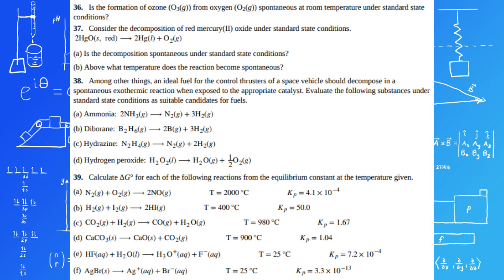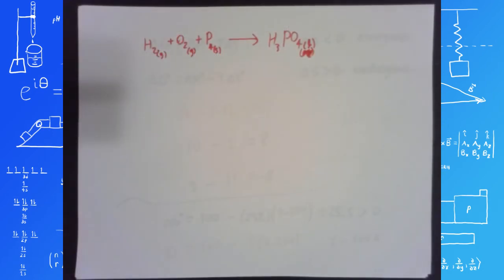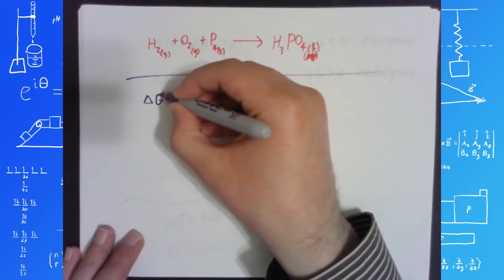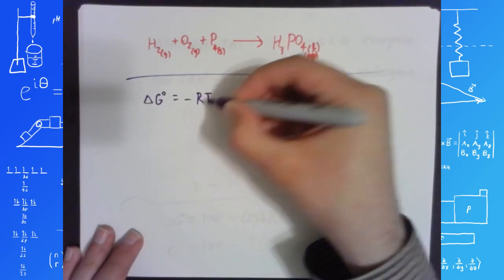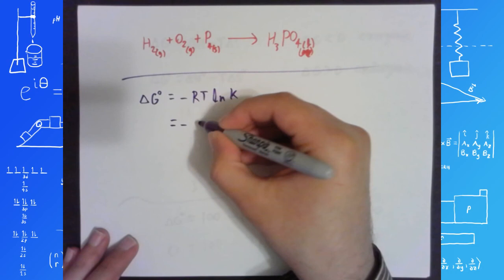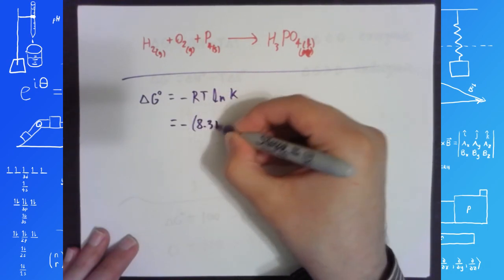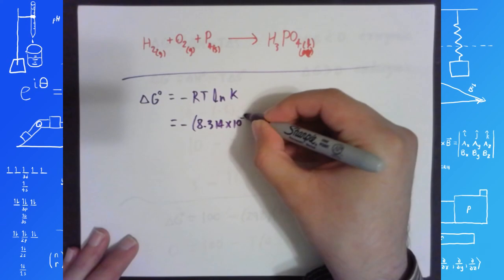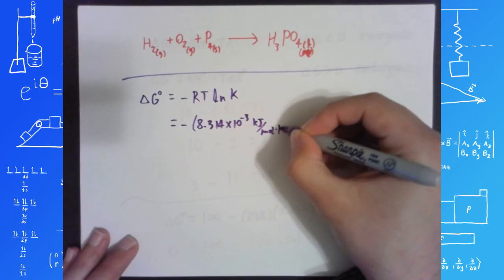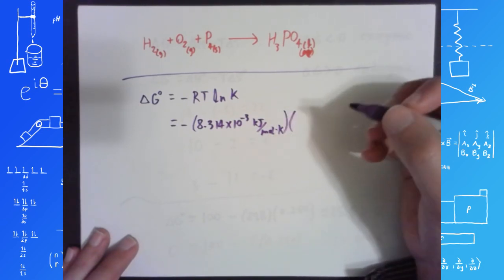First one, Kp is 4.1 times 10 to the negative 4, and the temperature is 2,000 degrees Celsius. That's going to be delta G standard equals negative RT ln of K, equals negative 8.314 times 10 to the negative 3 kilojoules per mole Kelvin, times the temperature in kelvins.